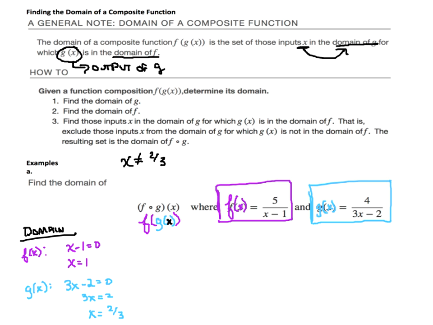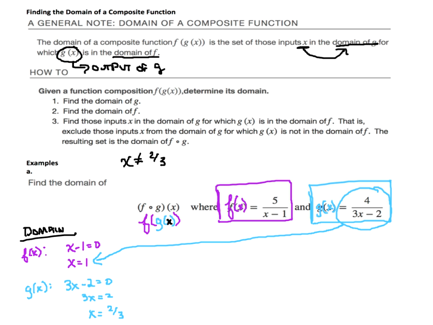However, we also cannot have the output coming from the g function equaling the restriction on the domain for the f function.